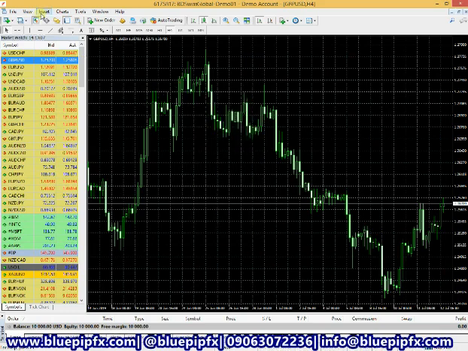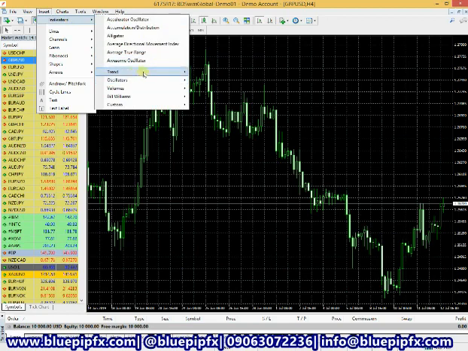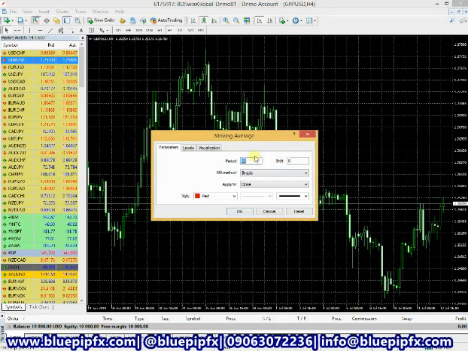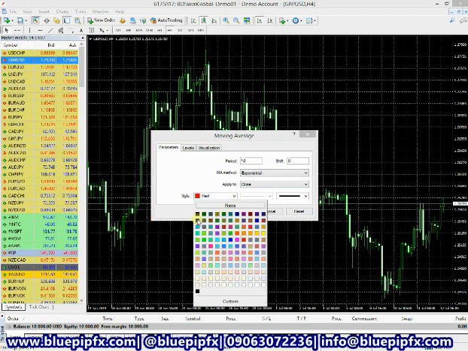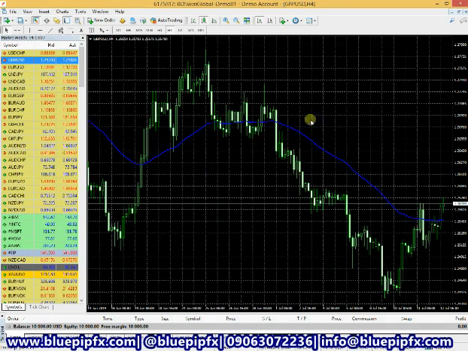The first moving average is the 50 moving average, but we're using exponential moving average this time around. So I'll go to moving averages, and I have 50 exponential moving average, and the color will be blue. I'll make it a bit thick, so I'll use the second and click OK.